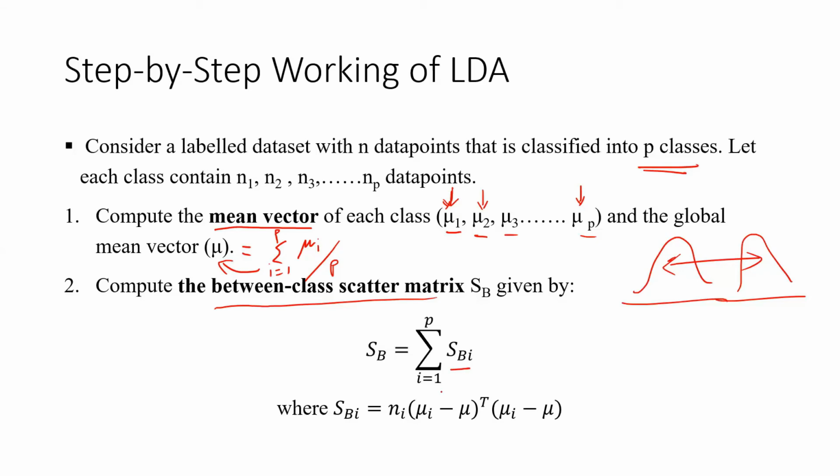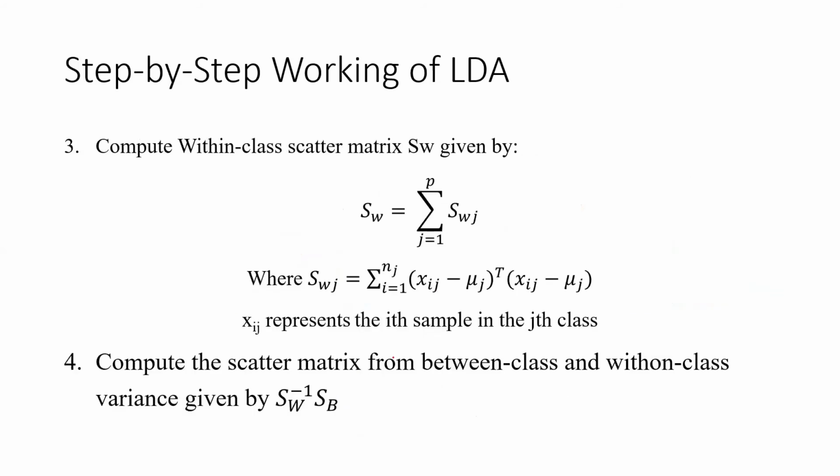SBi here means the between class scatter matrix for each class, so you have to calculate for each class b1, b2, b3. So this is the formula. You have to calculate this value for each class, and then do the summation to get the final SB value, the final between class scatter matrix. Similarly, you have to calculate the within class scatter matrix. It is denoted by SW, and this is the formula where you have to find this thing.